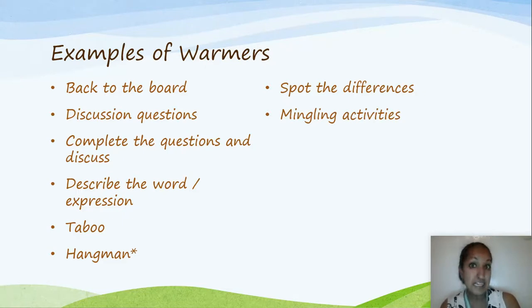You could have a mingling activity where you give each learner a question or a couple of questions that they have to walk around and ask everybody in the class. It's always good to give each learner a different question so that it makes it more interesting when they're mingling and they're not hearing the same question answered over and over again.